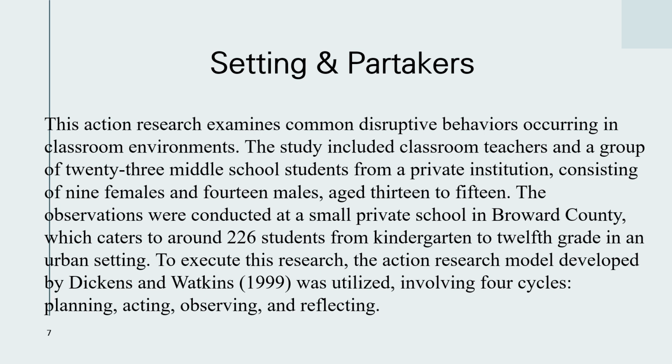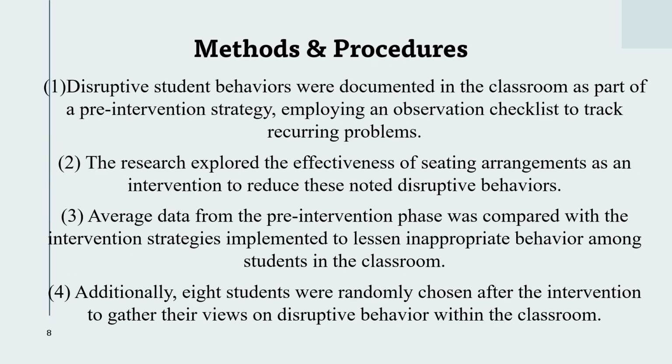To execute this research, the action research model developed by Dickens and Watkins, 1999, was utilized, involving 4 cycles: planning, acting, observing, and reflecting. Methods and procedures. 1. Disruptive student behaviors were documented in the classroom as part of a pre-intervention strategy, employing an observation checklist to track recurring problems. 2.